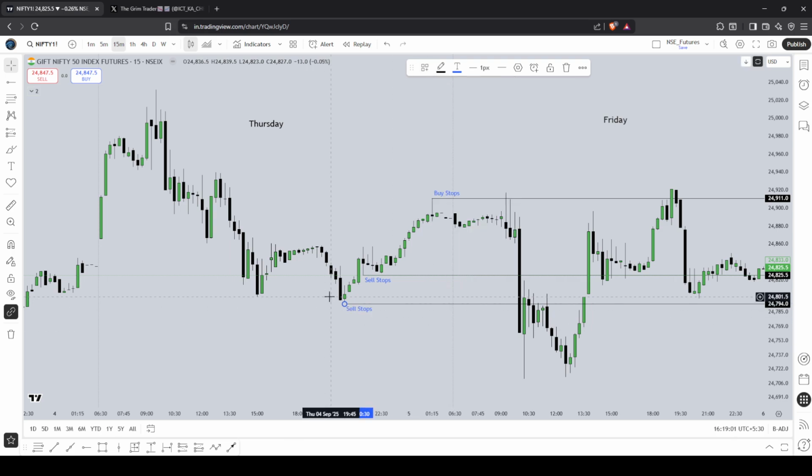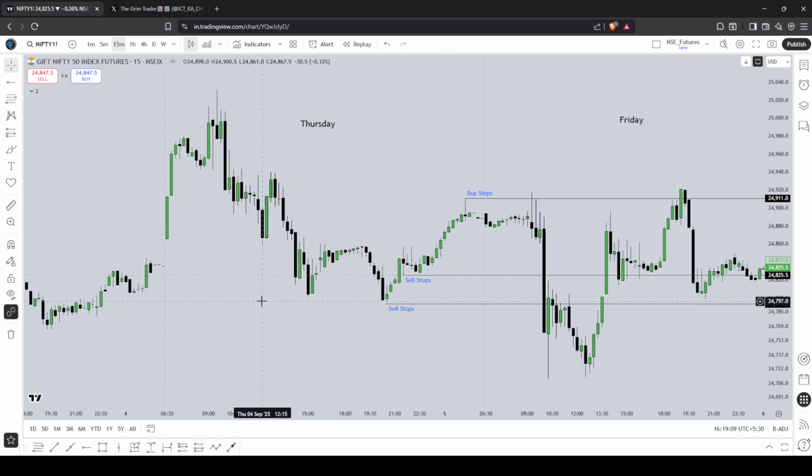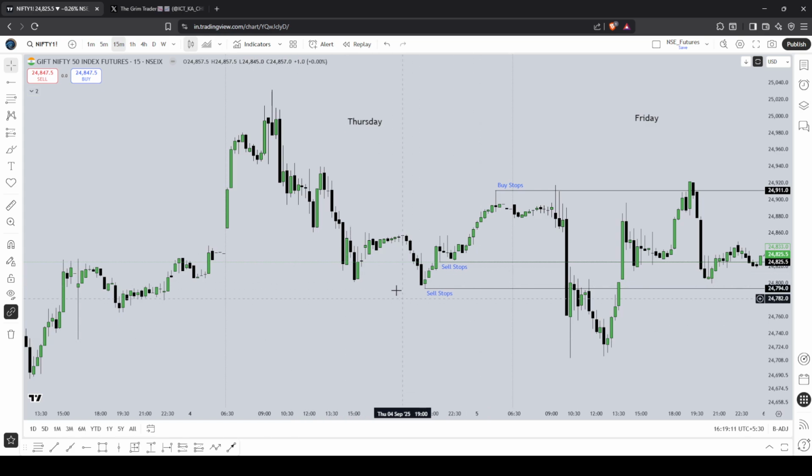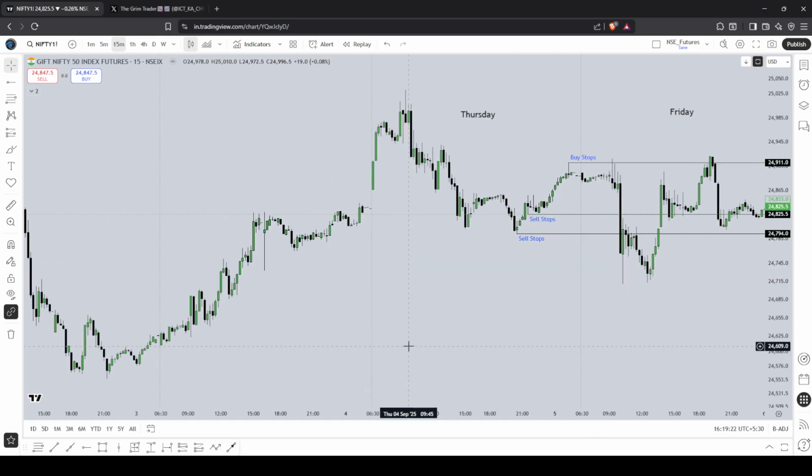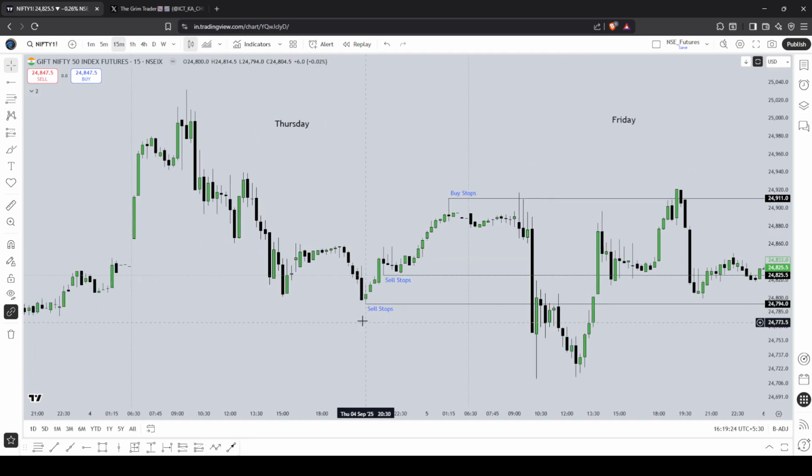This is the low of the New York AM session from Thursday. This is Friday. Thursday's New York AM session low is right here, which is also the low of Thursday's entire daily range. It's quite obvious visually, but you need to know that this is forming at a particular time of day. It will have an influence on the market. It could reverse from here or continue from here depending on context, let's just say.